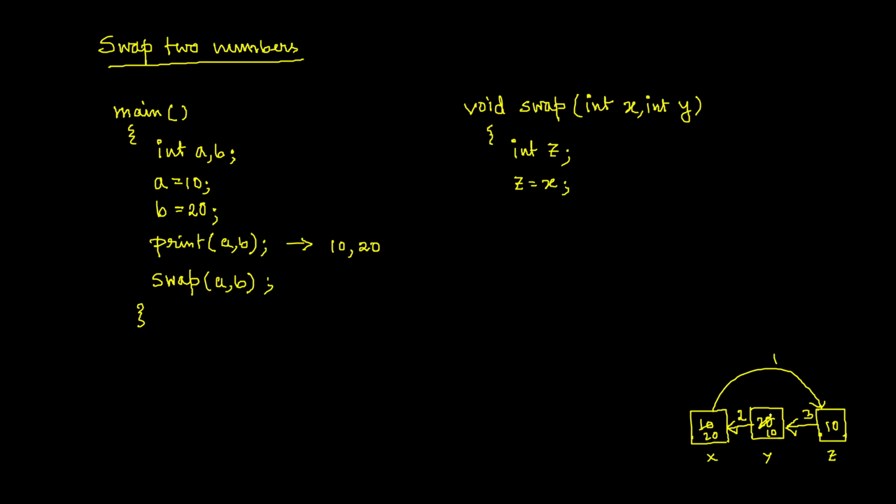Then whatever the value of y, it will go into x, that means x equal to y. And the value of z, which contains the backup of x, will go to y. That means I can write y equal to z, right?